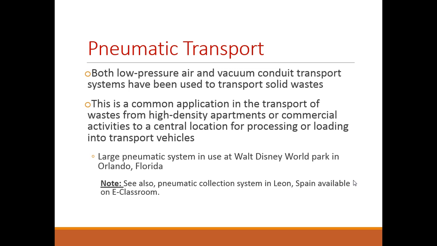Usually these would be underground, out of sight, and when you dispose of your waste at entry points, the waste will be sucked from that point and deposited in a collection system that will act like a transfer station in a sense, and then it would be transported to the final facility. This type of transport system is a common application in the transport of waste from high density apartments or commercial activities to a central location for processing or for loading into transport vehicles.